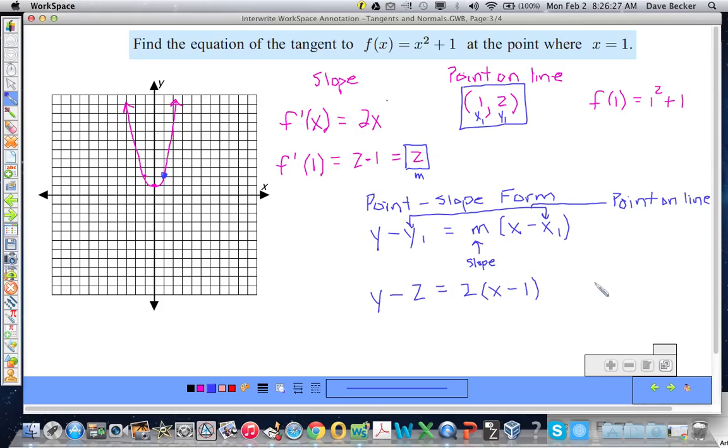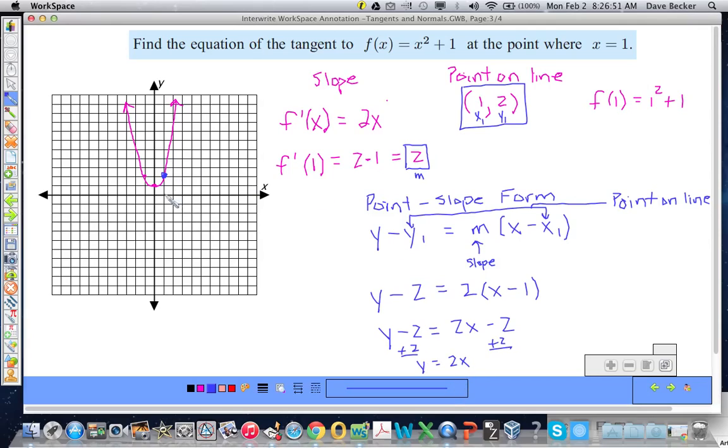And we're going to put this in the form of y equals mx plus b. It's easier to graph that way. So y minus 2 is equal to 2x minus 2, right there, distributing. And if I add 2 to both sides, plus 2, I end up with y equals 2x.